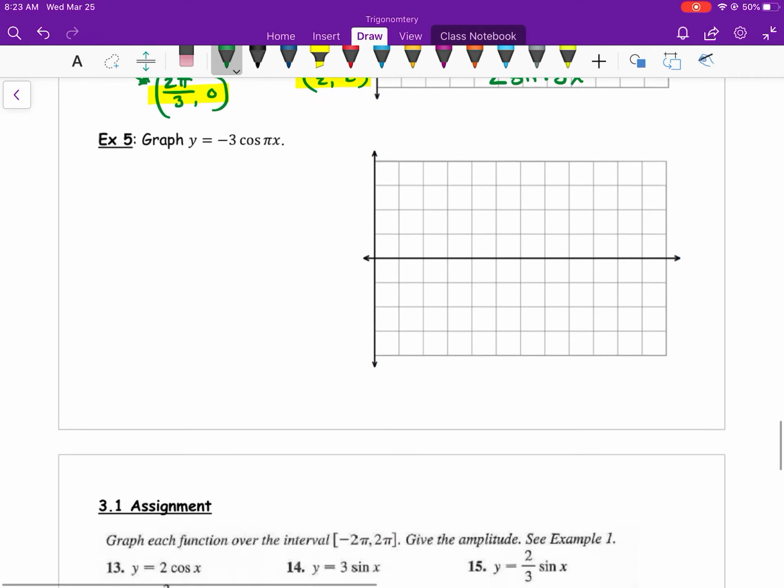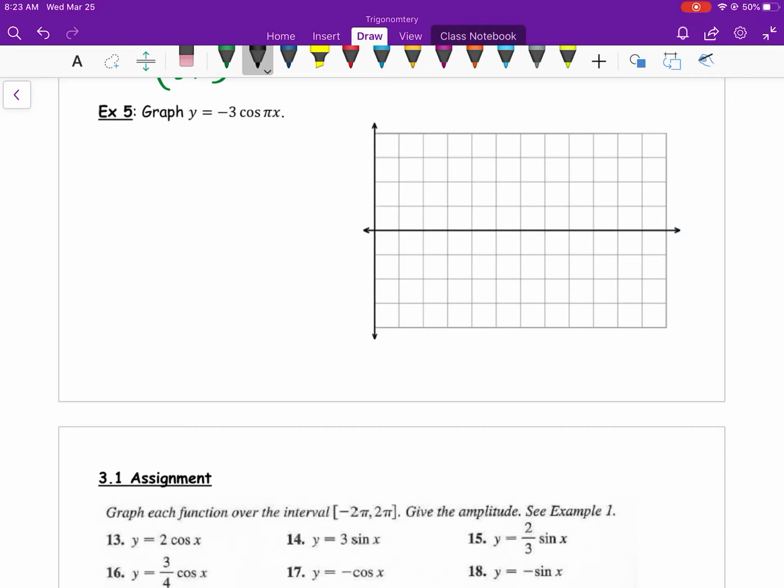Okay, last example. We got our cosine. So let me write down our information, my left endpoint is 0, A. And then my first quarter point, my midpoint, my third quarter point, and my right endpoint.